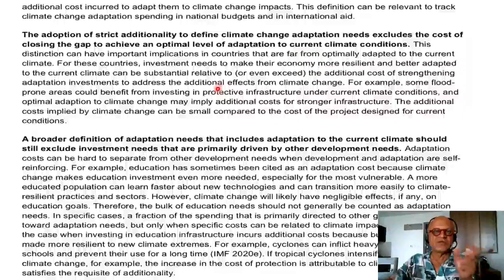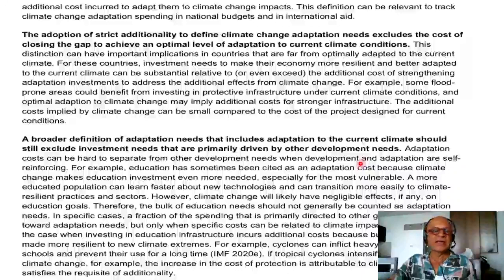Okay, so there is additionality of climate change forcing adaptation needs, then there is additionality of cost as well. A broader definition of adaptation needs that includes adaptation to the current climate should still exclude investment needs that are primarily driven by other development needs.